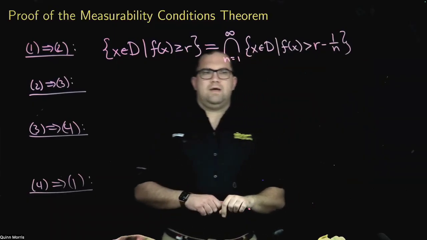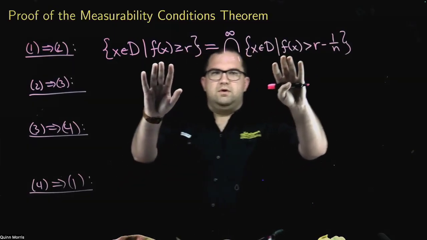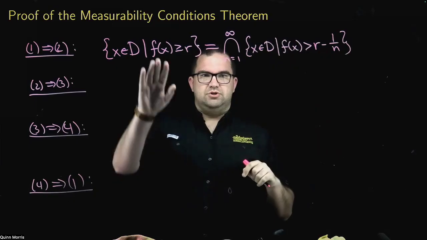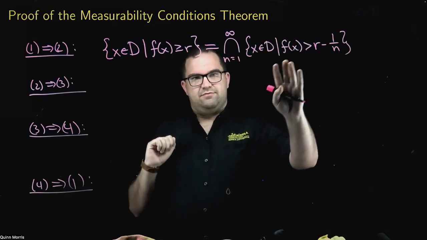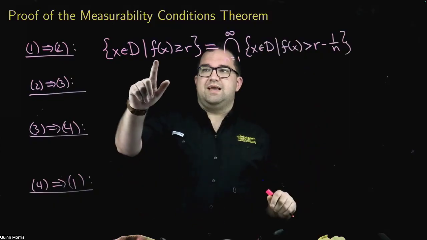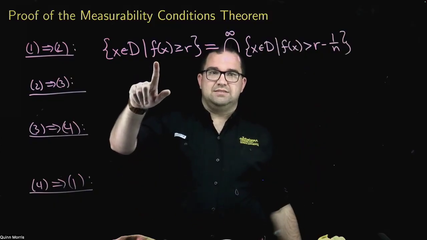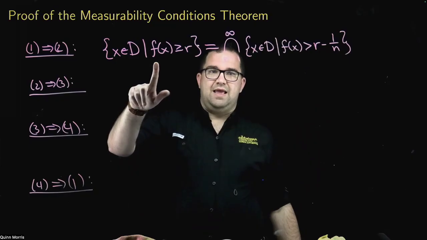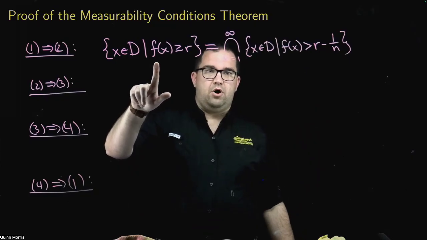So let's just think about why this is true. If you want to prove a set equality, you show that the left-hand set is a subset of the right-hand set, and the right-hand set is a subset of the left-hand set. So let's take an x in the left-hand set. Then that means that f of x must be greater than or equal to r.